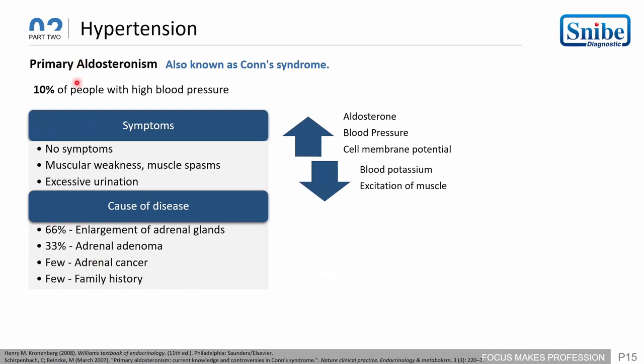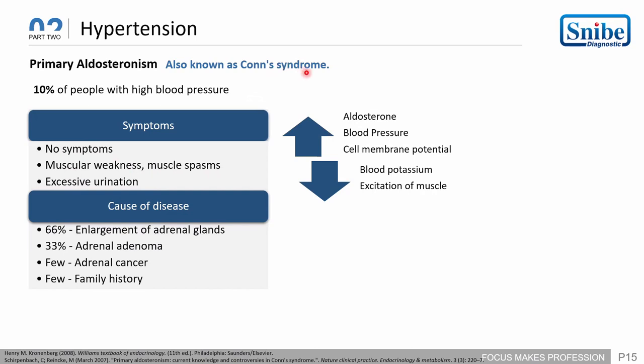Primary aldosteronism is also known as Conn's syndrome, which affects 10% of the people with high blood pressure of secondary hypertension. There may be no symptoms, or there may be muscular weakness, muscular spasm, and excessive urination. The cause of this disease is enlargement of the adrenal gland, adrenal adenoma, or maybe some adrenal carcinoma, or family history may lead to Conn's syndrome.